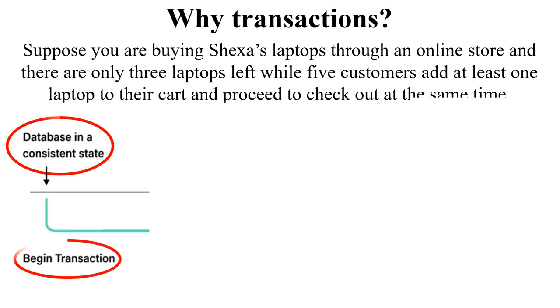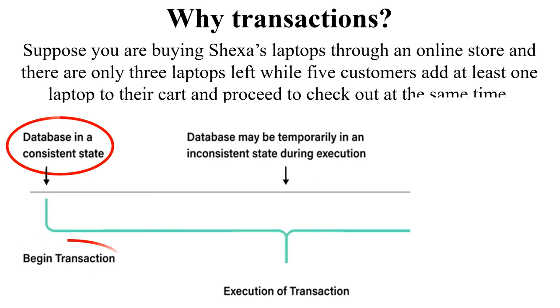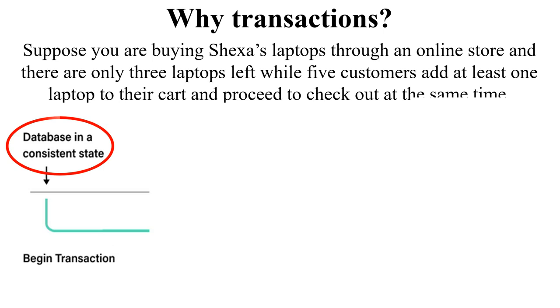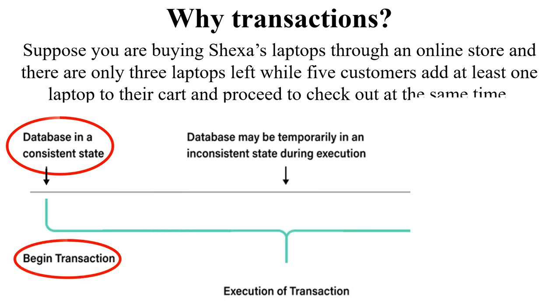Then what goes next? We have several instructions that we're going to run. Execution of this transaction, we are now having some tasks, like we have observed from the question which told us to create save points. So in that case, the execution of the transaction involves the execution of those save points. Now as the execution goes, we have the database in a temporarily inconsistent state.